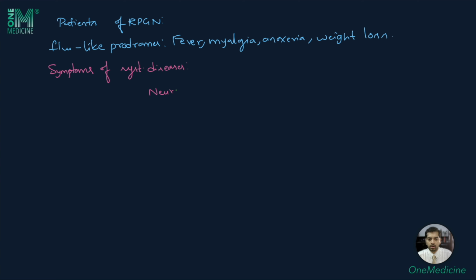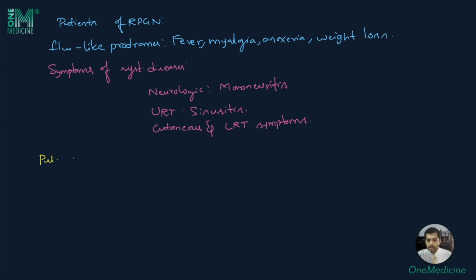These may include neurologic, such as mononeuritis multiplex. There can be upper respiratory tract involvement, as seen as sinusitis. There can be cutaneous and even lower respiratory tract symptoms. In patients with pulmonary necrotizing capillaritis, there can be associated hemoptysis and even pulmonary hemorrhage.